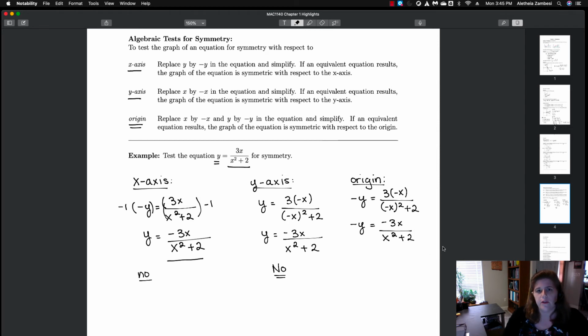Now if I divide through both sides by the negative or multiply by -1, my negative cancels on the left hand side and I'm left with just y. On the right hand side my negatives cancel as well and I have 3x over x squared plus 2. So yes, this is symmetric with respect to the origin.